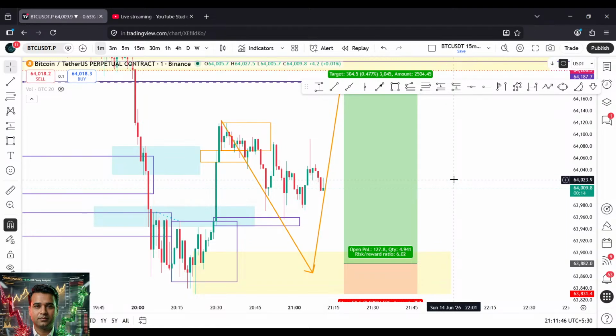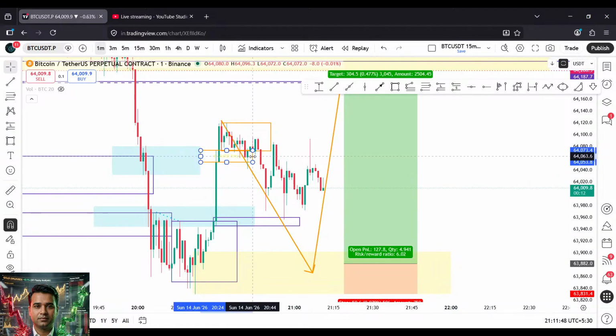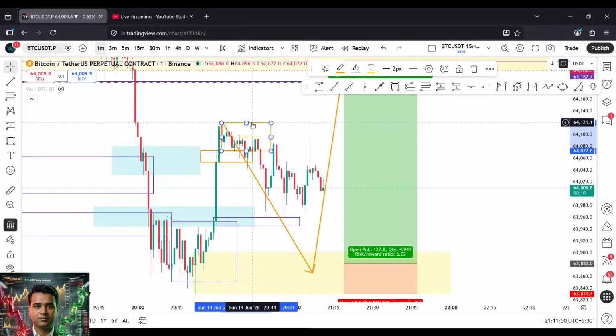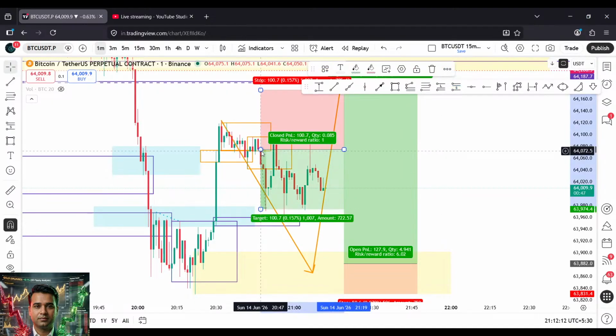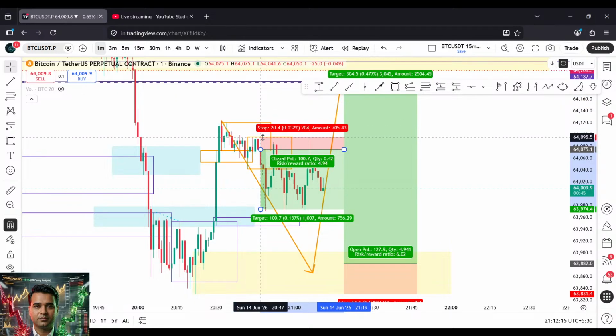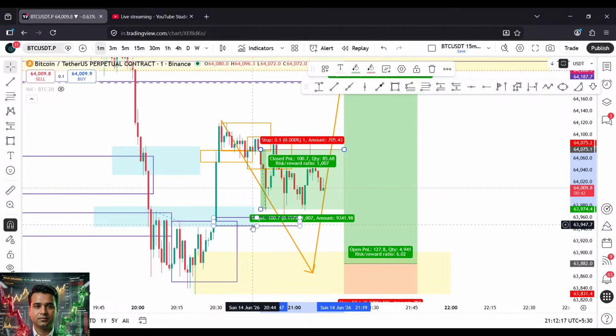And another one was here. If you look at this, the DP was here and RS was here. So if you use MPL, the MPL area of this RS, then it will be a short trade like this. Before this long trade, this one was shorted here.